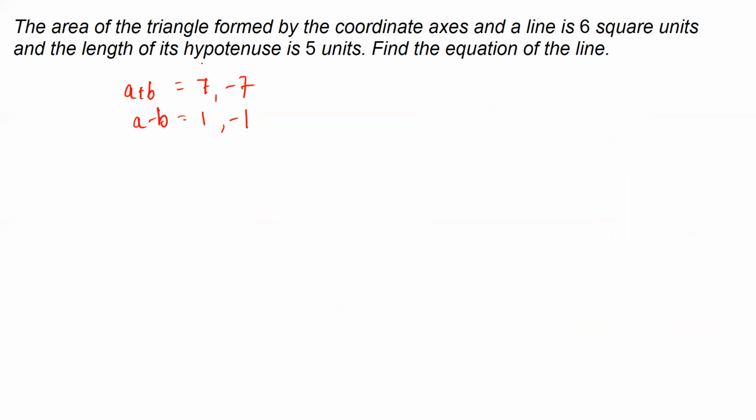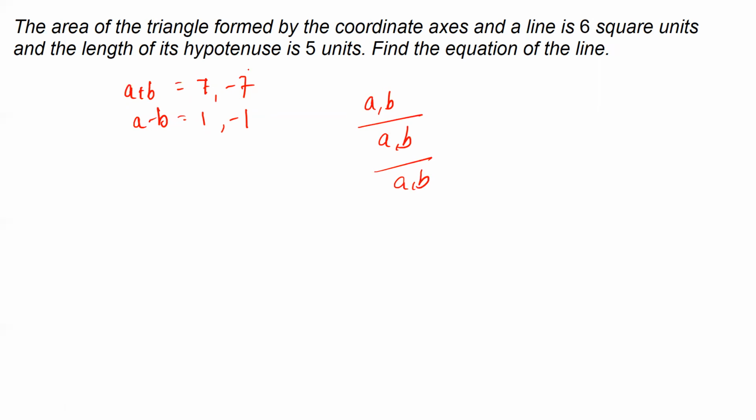Okay, so if you take a plus b equal to 7 and a minus b equal to 1 and solve them, you will be getting one particular pair of a and b. If you take a plus b as 7 and a minus b as minus 1, and you again solve them, you will be getting one more pair of a and b. If now you take a plus b as minus 7 and a minus b as 1, you will be getting another pair of a and b.